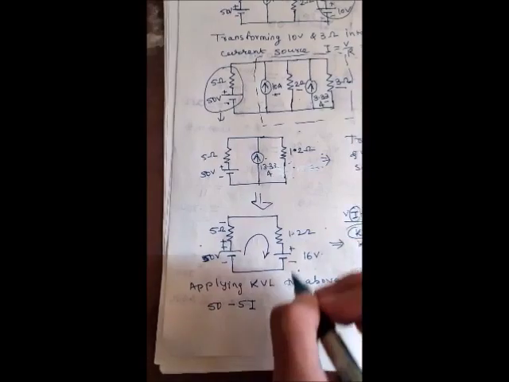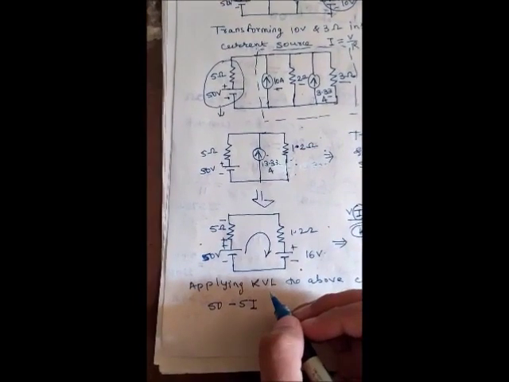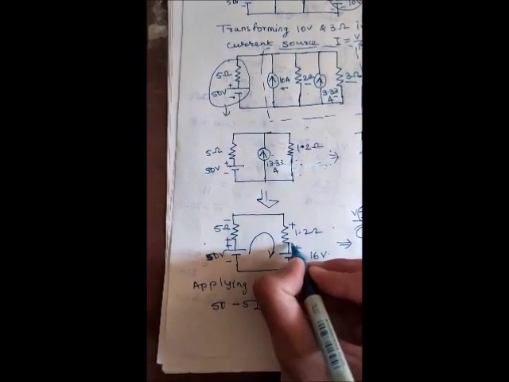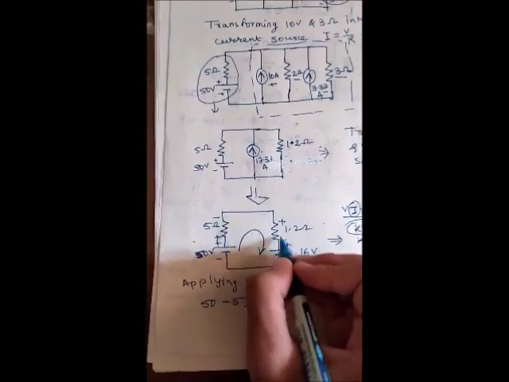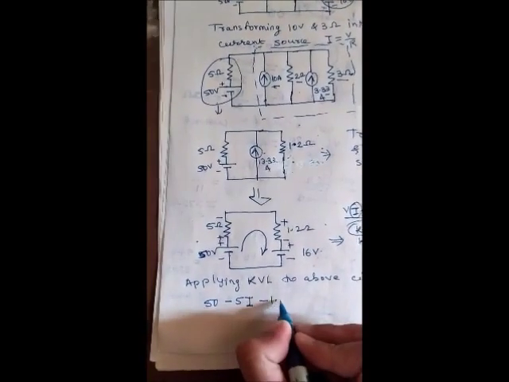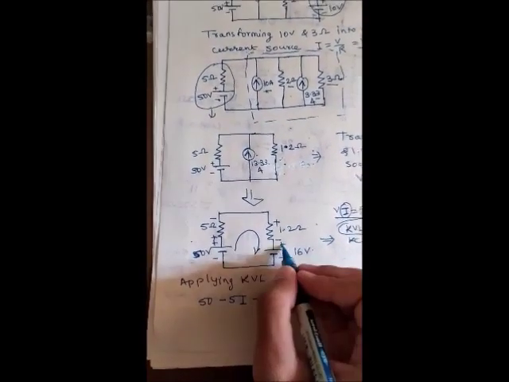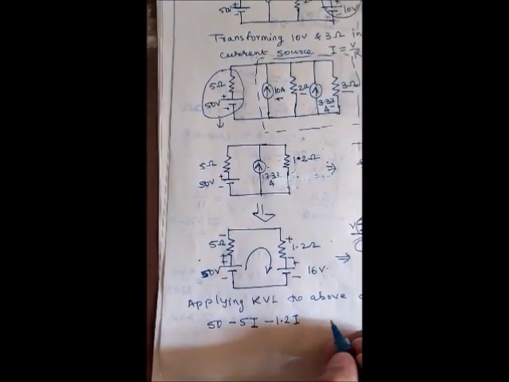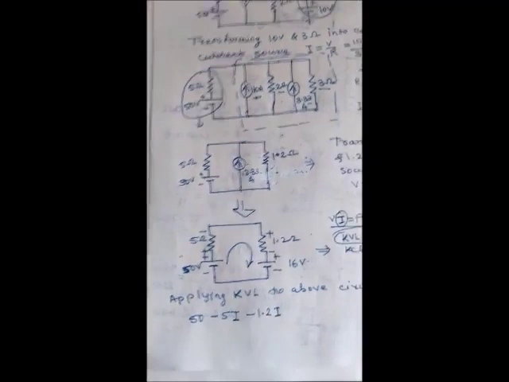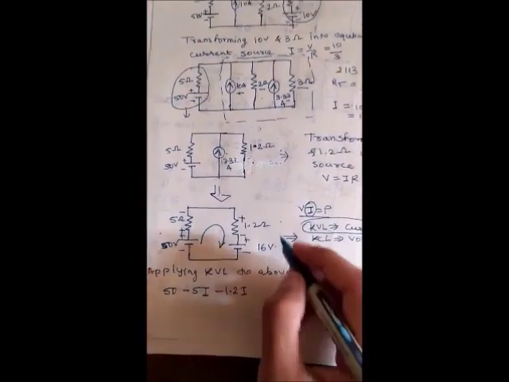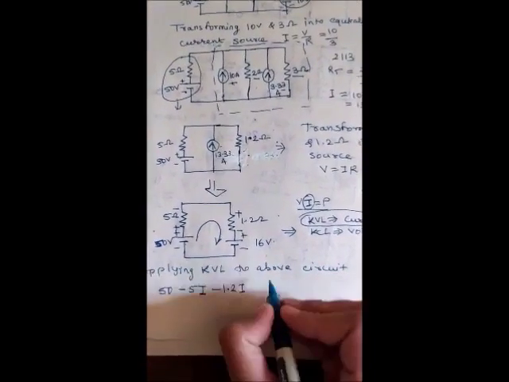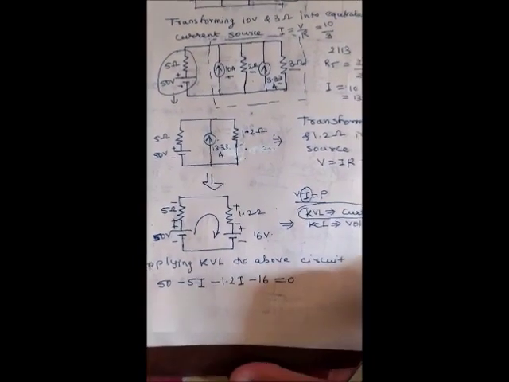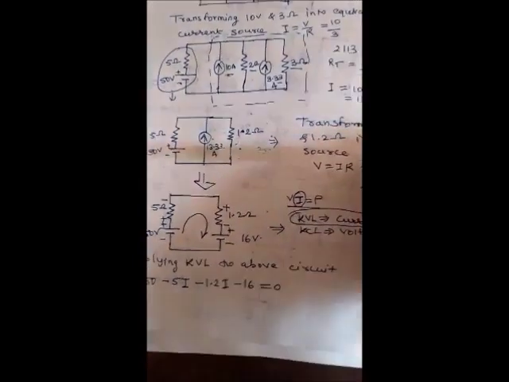Again coming to this one, minus 1.2I, and again plus to minus, it is coming as minus 16 equals 0. Now solve this equation, it is easy to solve.